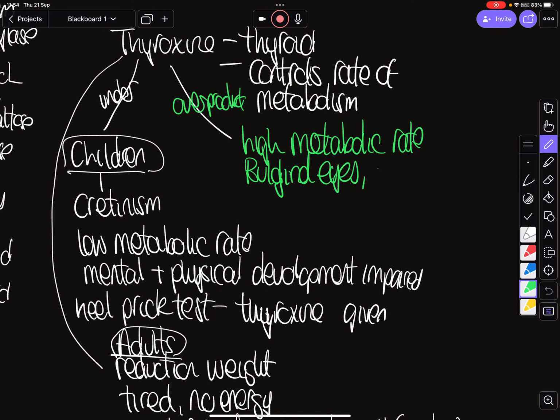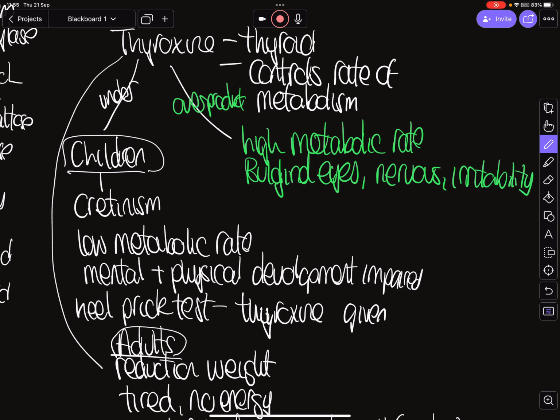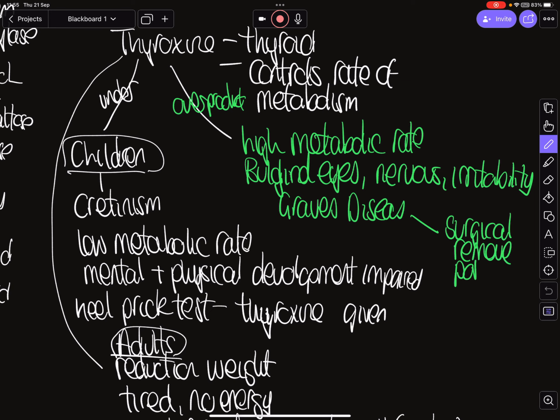You will be nervous, irritable, hot, because you're generating loads of heat now through respiration. We call it Graves' disease. And what we do for it sometimes is we surgically remove part of the thyroid, or we use radioactivity to actually kill part of the thyroid.